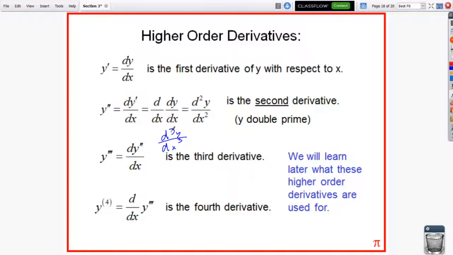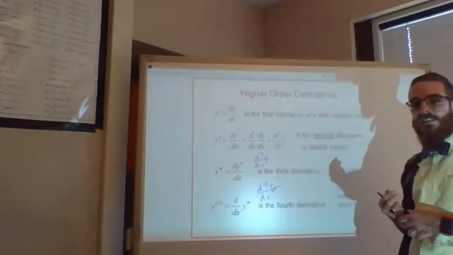Really, it would just be read as the third derivative of y with respect to x. And the fourth derivative would be d4y over dx4. So basically, when you're in Leibniz notation, whatever the exponent is in the Leibniz notation, that is the order of your derivative.